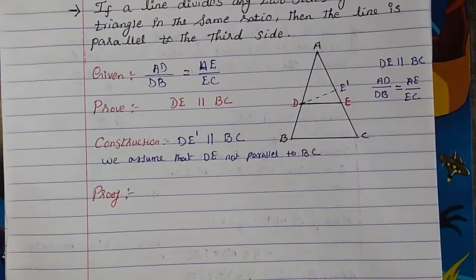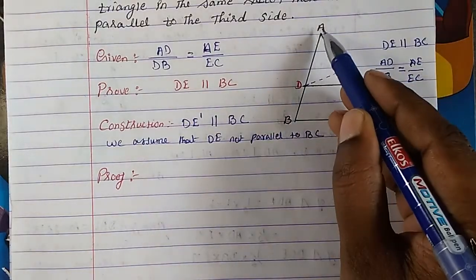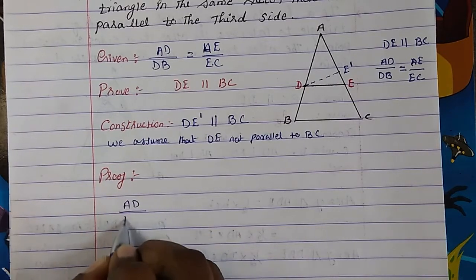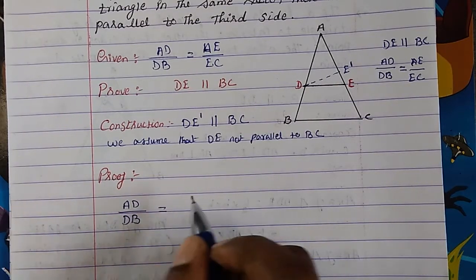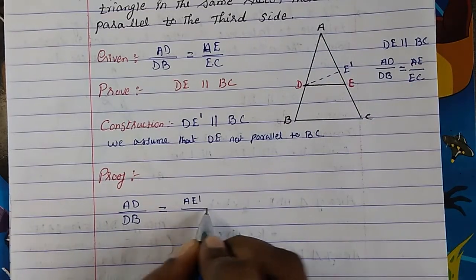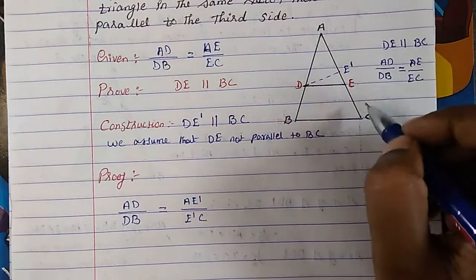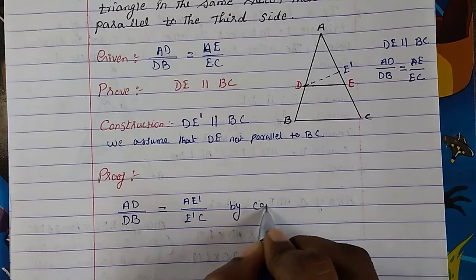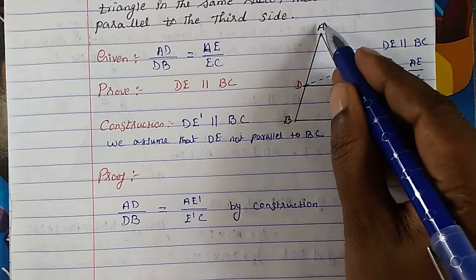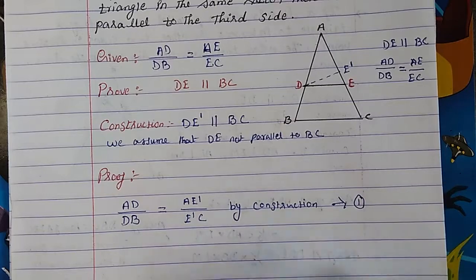So let's begin now. First of all, let us write down the ratio: AD upon DB is equal to AE dash upon E dash C. This is by construction, because we have constructed this E dash, so AE dash and E dash C by construction. This is equation 1.